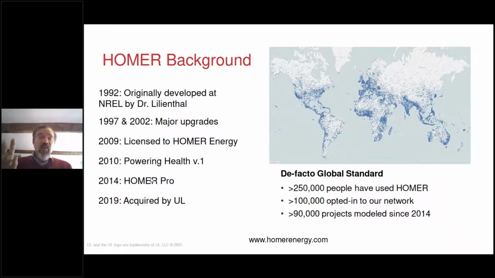The map on the right shows where people have used Homer to model systems, and you can see it's really all over the world as well. Over 250,000 people have used it. It's become a global de facto standard for designing mini grids and small and off-grid hybrid systems.